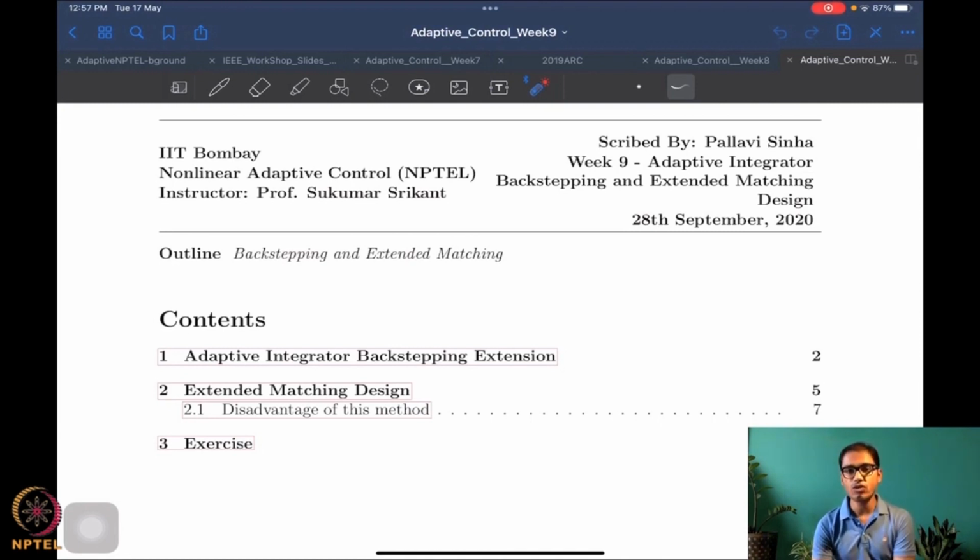We also saw how to do backstepping design for the unmatched case. So what we will do here is to generalize that idea. And then we look at a different method of doing adaptive integrator backstepping so that we don't have to resort to over parameterization. All right. So that's the agenda for week 9 lecture notes.